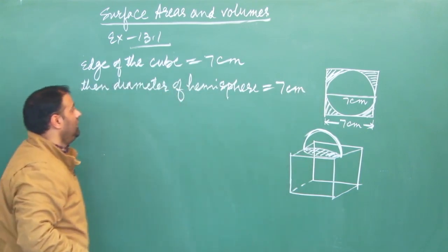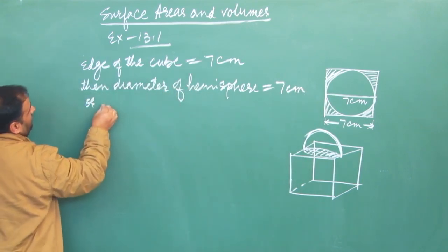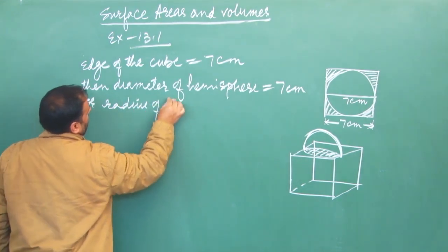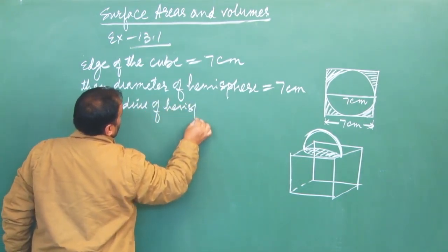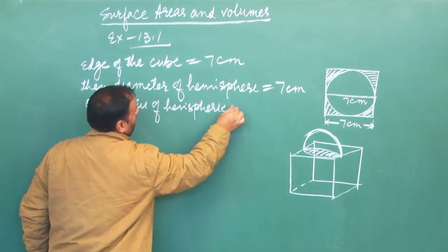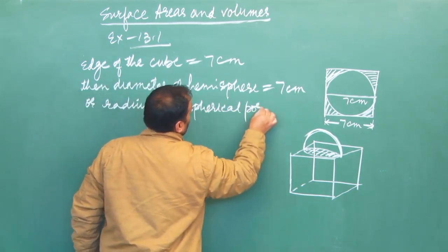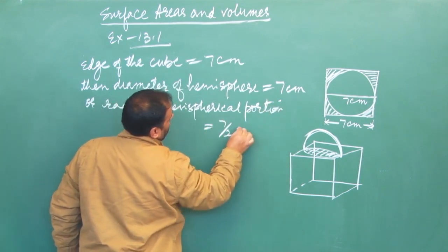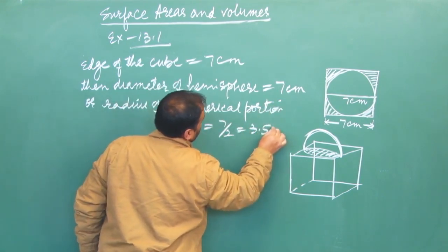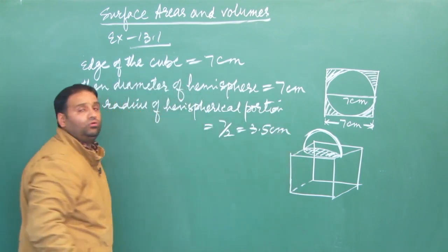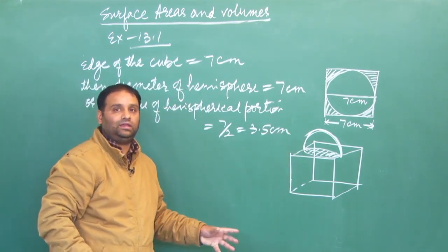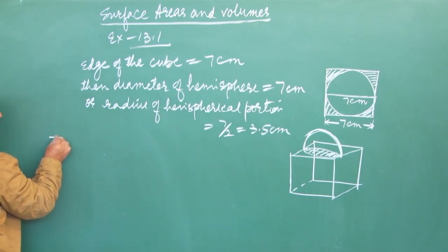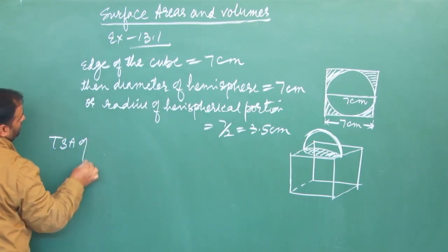Or we can say the radius of the hemispherical portion is 7 by 2, that is 3.5 centimeters. In order to make this question easy to write, we write straight away the total surface area of the solid formed.